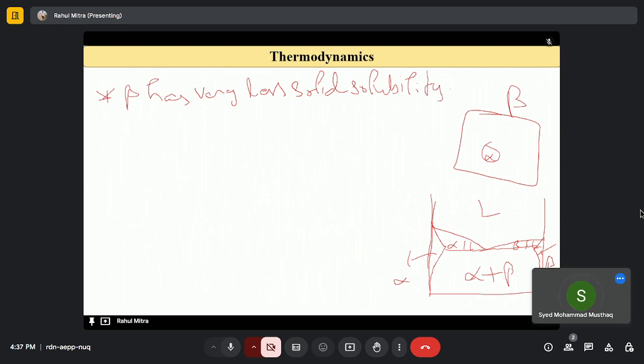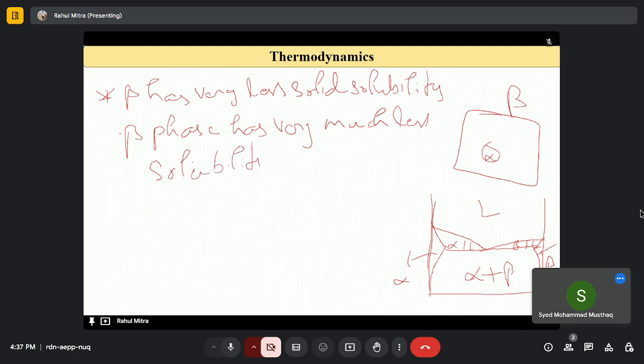What does that mean? Suppose the beta phase has very little solubility of A. That means beta cannot take a high amount of solute in its phase.